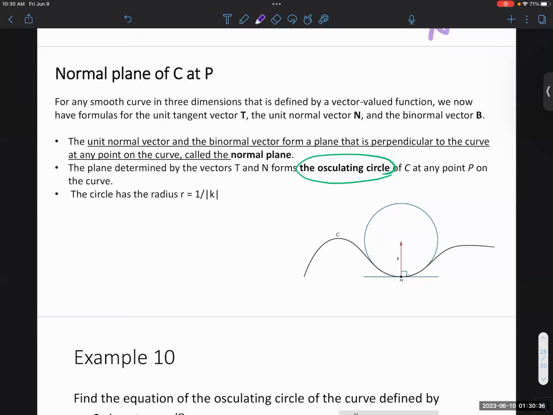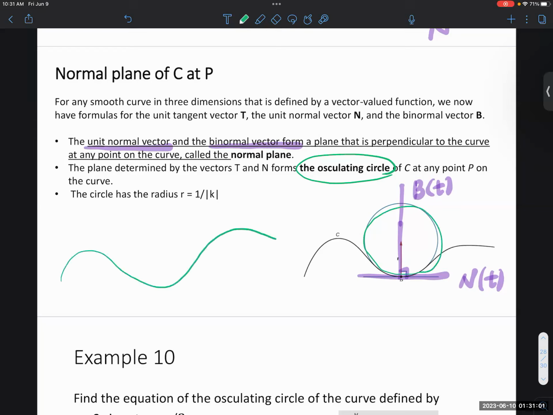If you have a unit normal vector and then a binormal vector, and they are in a perpendicular relationship, let's say this is the unit normal vector and this is the binormal vector, then we know that if they're perpendicular, they're going to create a circle shape. For example, you have a function, you have a vector going on. Here is the circle.